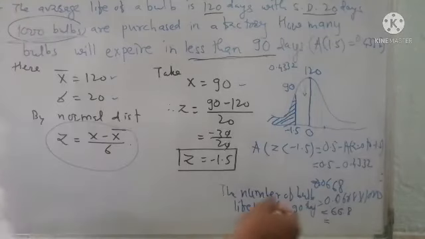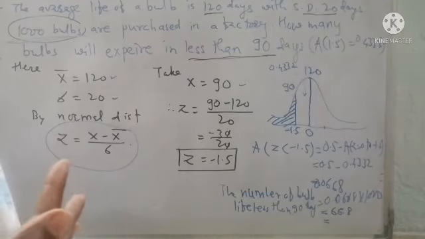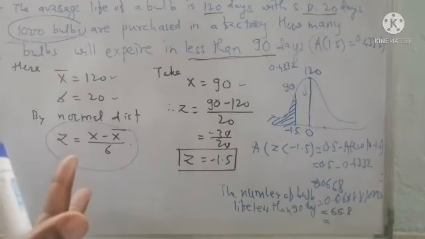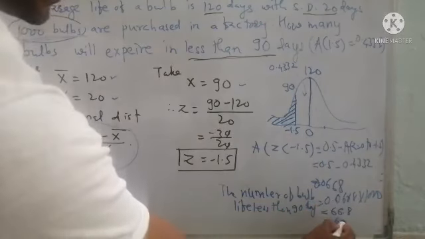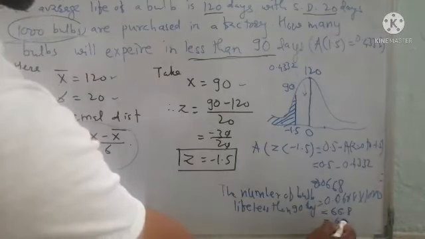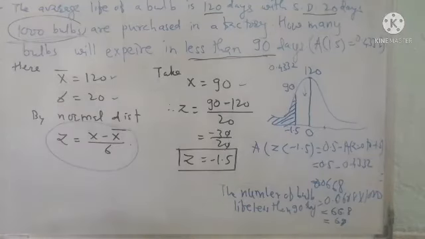But as we know, the number of bulbs should be an integer, so there is no half or 1/4 or 3/4 bulb. So we take it as 67 or 66. That means out of 1000, 67 bulbs will have life less than 90 days.